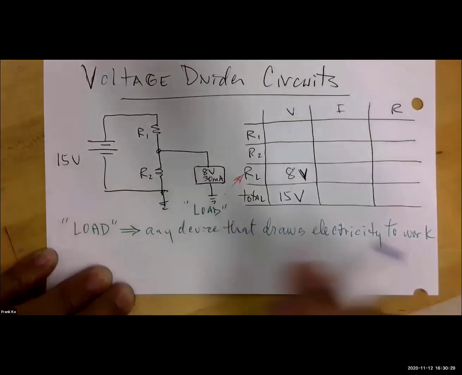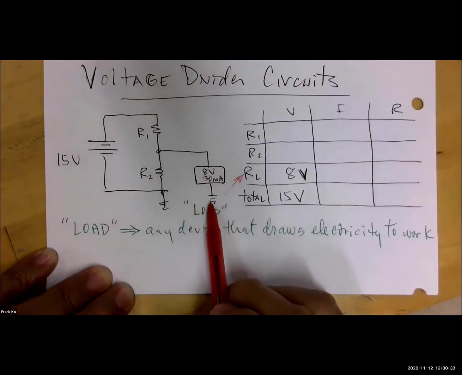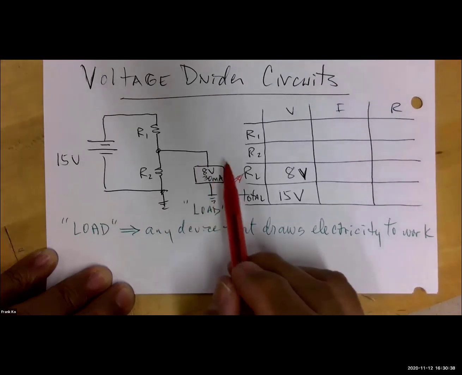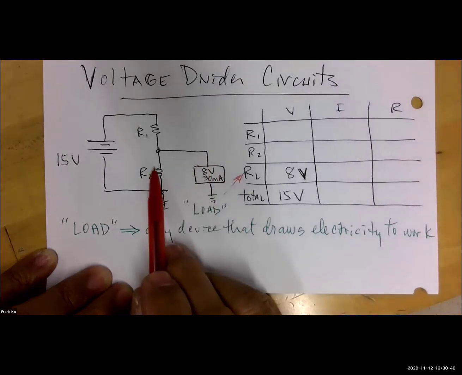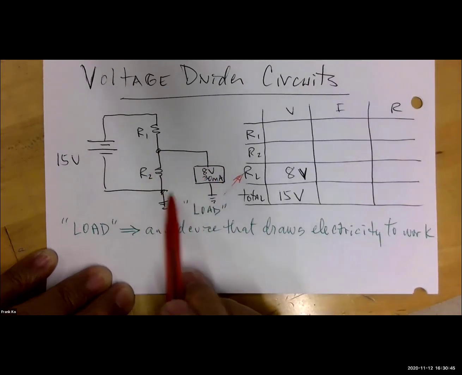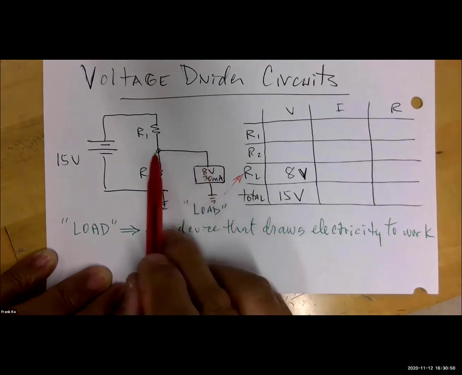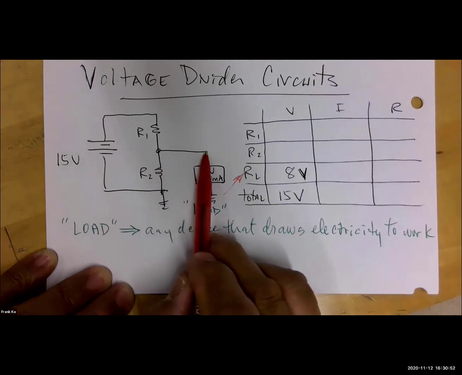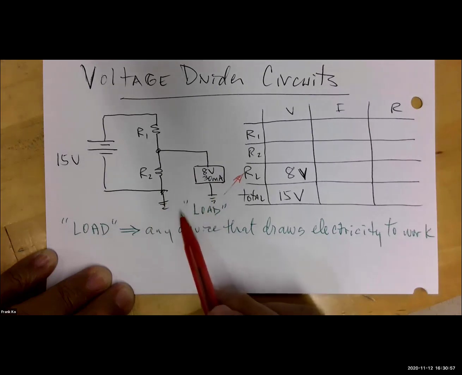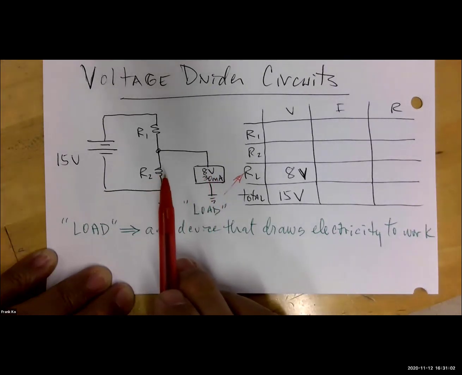Okay, so what your classmate Wei Ji said was this load resistor, which is shown simply as a rectangle, is in parallel with R2. They are connected at the top, and separately they are connected at the bottom. So if devices are connected to a common point on one side and connected to a different common point on the other side, then R2 and this load must be in parallel with each other.